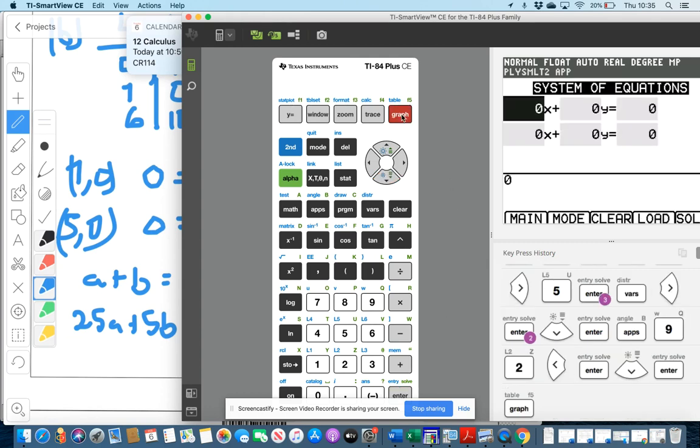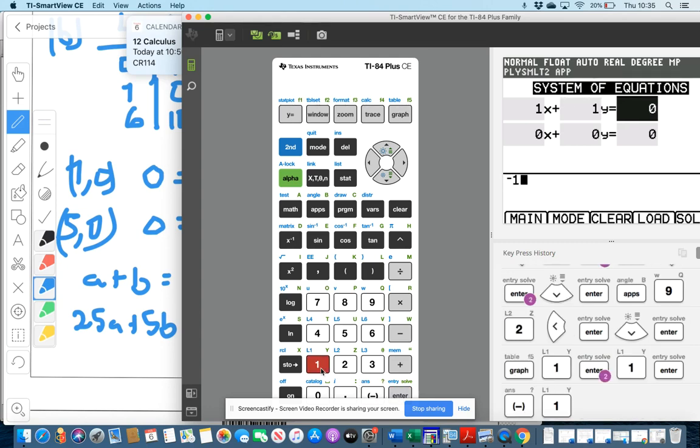Now we go up here to that key to do next. And then I have an A and B equation, 1a plus 1b equals -10.